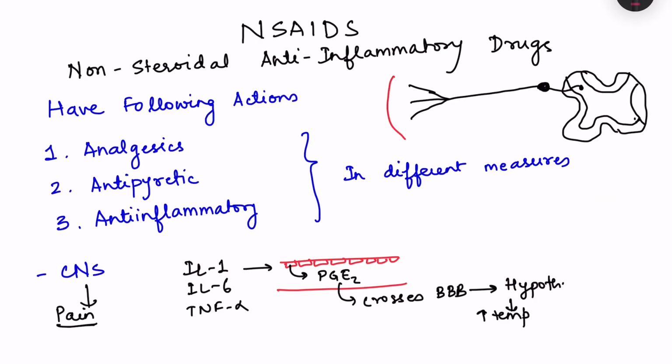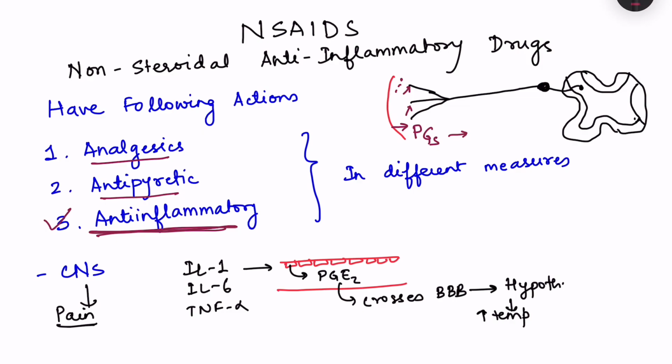So fundamentally NSAIDs have the following actions. One, they are anti-inflammatory, we have already seen, but they also act as analgesics and antipyretics. That is because of their action on the sensory nerves and also on the central nervous system. So one is that prostaglandins are released from the damaged tissues and they act on the endings of the sensory nerves. So they basically sensitize the endings of the sensory nerves and they lead to increase in pain to the stimulus which is causing pain.